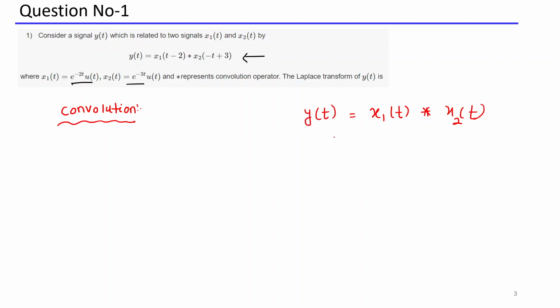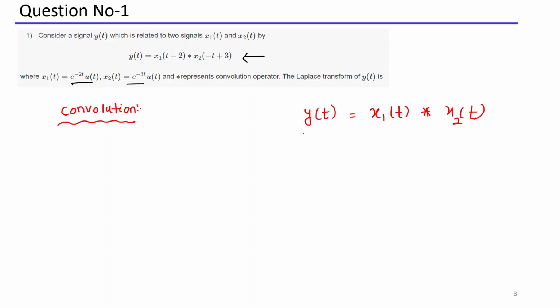Generally, when two signals are connected by a cascading structure, you need to find the output in terms of the input, and convolution helps you find this.